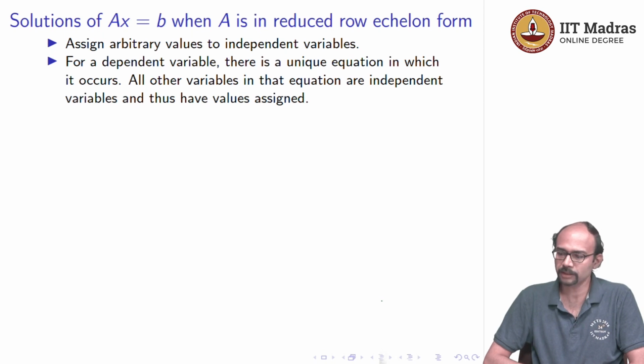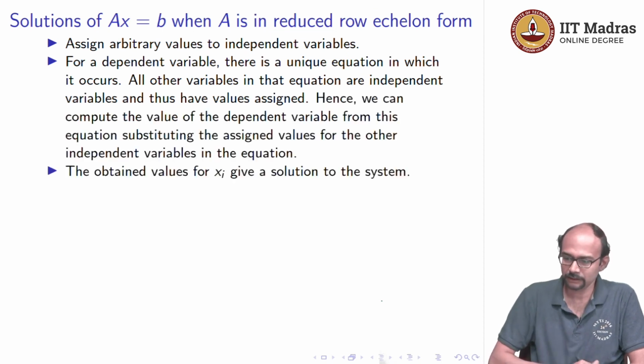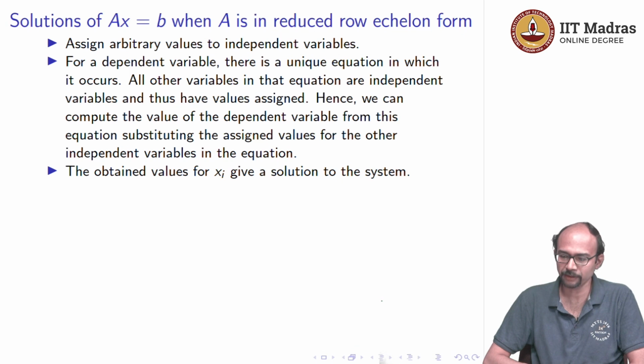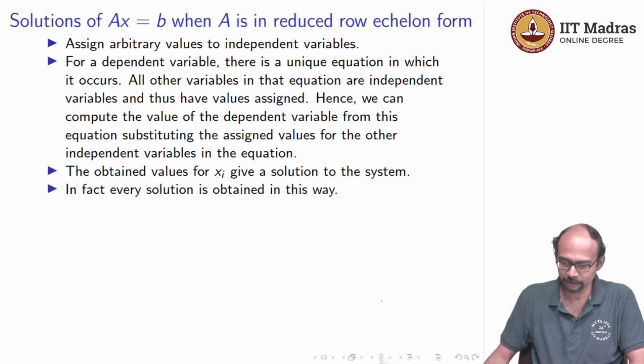All the other variables in that equation are independent variables, and we have assigned values to them. So, from there I can move them to the right hand side and get the value of the dependent variable, right. And then if we put all these together, the obtained values for xi give a solution to the system, and in fact every solution can be obtained in this way.